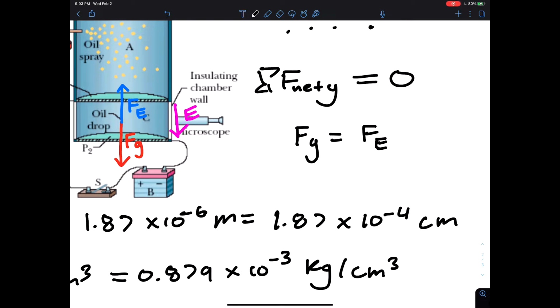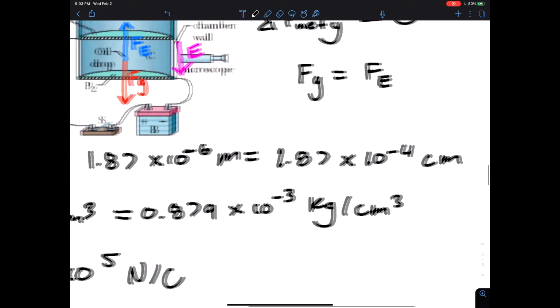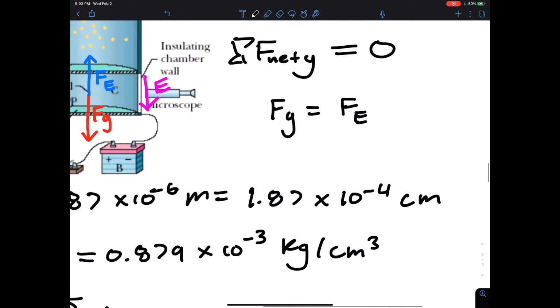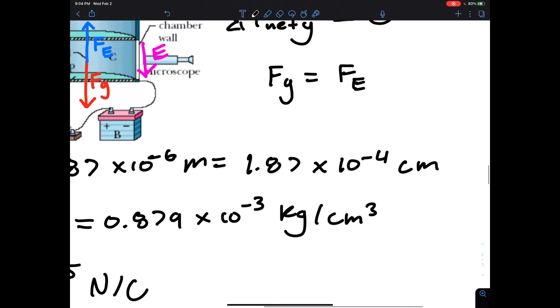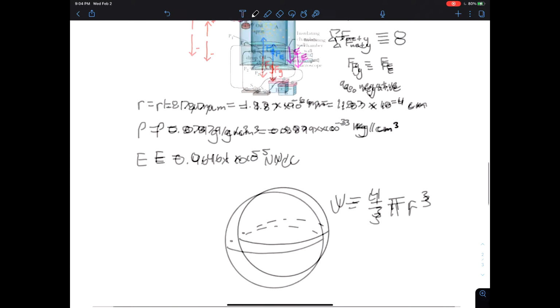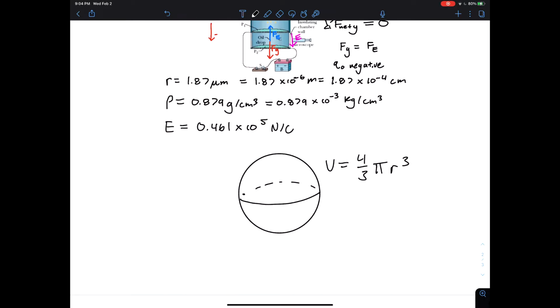Because we know electric field is downwards and our force of gravity is downwards, to keep the oil drop suspended, the electrostatic force would have to be upwards. So, since the oil drop is moving in the opposite direction of the electric field, the charge on the oil drop is negative. So we can just write negative here, then we don't have to deal with negatives, and we can just add on the negative at the end.